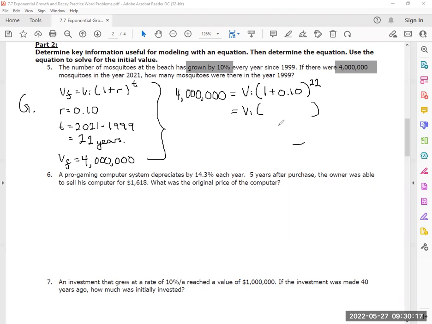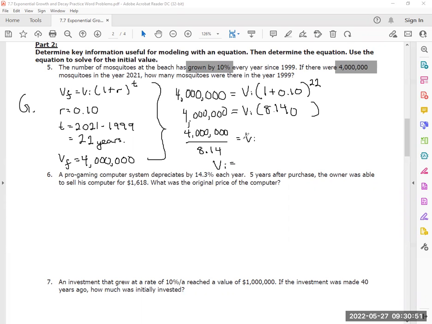Yep. 8.140 and so on, right? Okay, so let's leave it at that, and that is still 4 million. So what is VI? How do I get VI all alone? In this particular question, you would have to get VI all alone by doing some algebra. You need to divide both sides by 8.140.